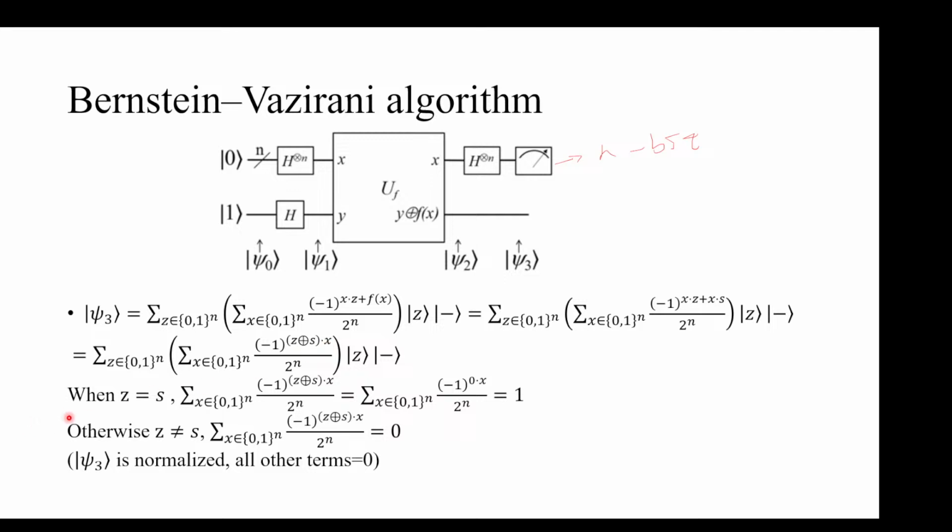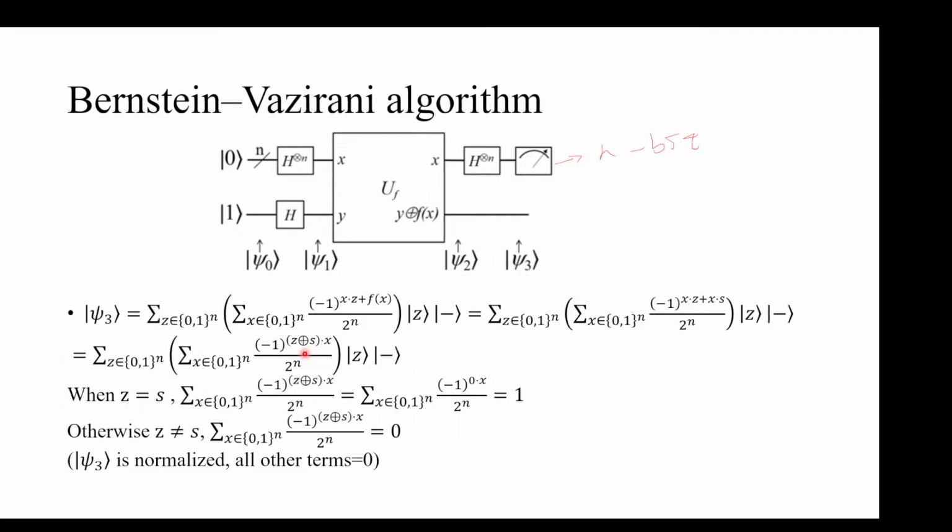Now we analyze this thing, and we find out that it is equal to 1 if and only if z equals s. The proof is as follows. What happens when z equals s? That's why I put the circled plus here. Sorry.